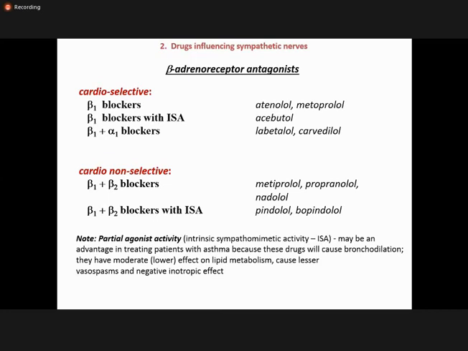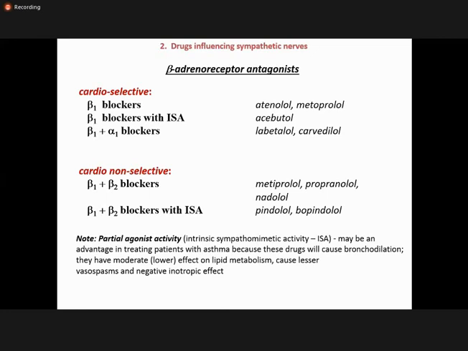The important point is that stimulation of beta 2 receptors is responsible for relaxation of the bronchial smooth muscle. So if a patient has a history of asthma and you use a non-selective beta blocker, it will induce bronchoconstriction due to beta 2 receptor blocking activity.